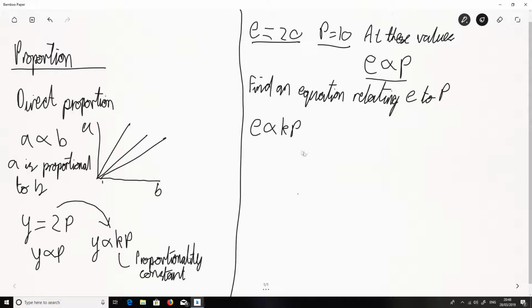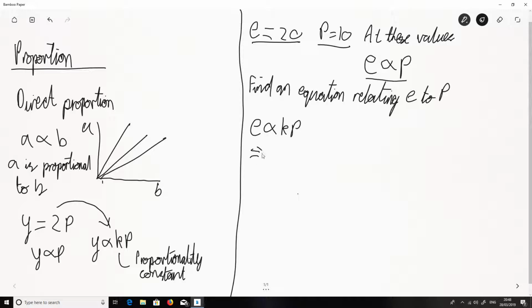So you want to turn this into an equation form by finding this proportionality constant.